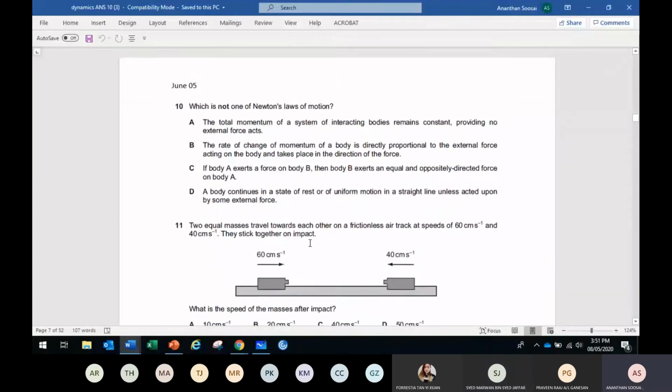Okay, June 5, question 10. Give me the answer. Which is not one of Newton's laws of motion out of these four?